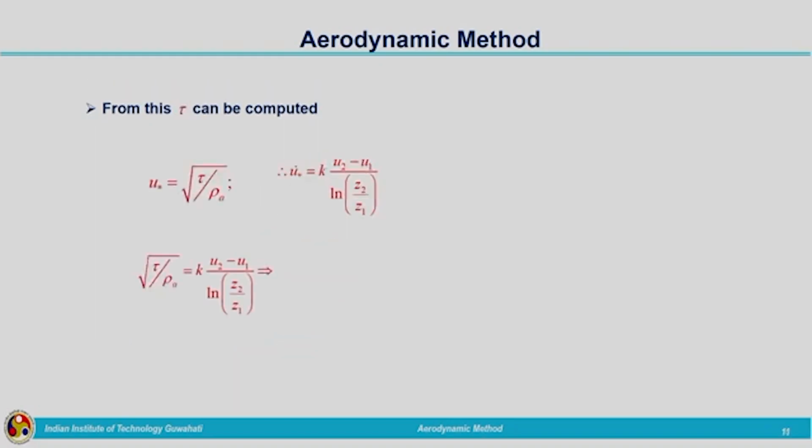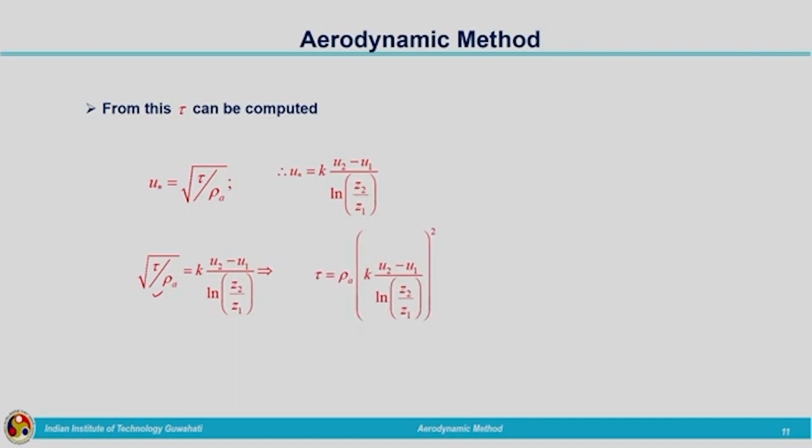So, u star, taken as under root of tau divided by rho a, is equal to k times u2 minus u1 divided by ln z2 divided by z1. Momentum flux tau is within the root. So, we need to square the expression, and after rearranging the terms we can get the expression for momentum flux tau.